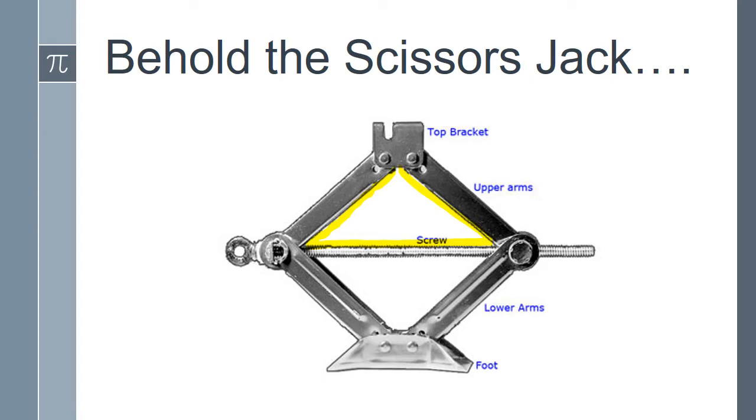These two triangles that are formed with these pieces here. Now we're going to watch a little animation and see what happens when this screw is turned.